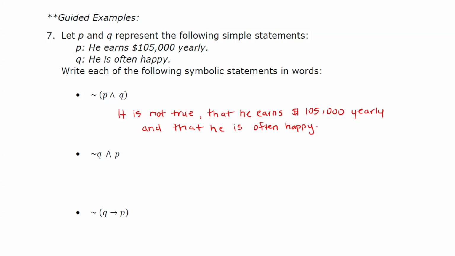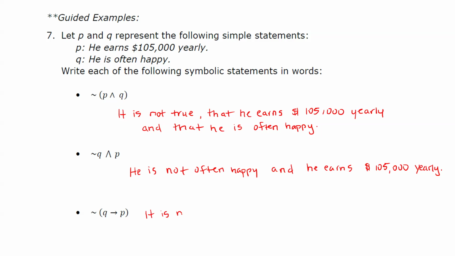Next one, not Q and P. Okay. So not Q. So he is not often happy. And P. He earns $105,000 yearly. Okay. Then we have not of the grouping Q, if Q, then P. So it is not true.